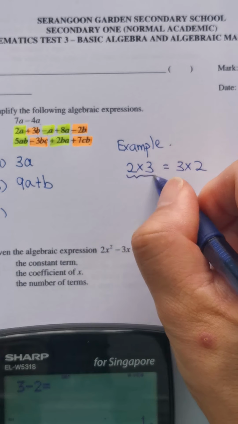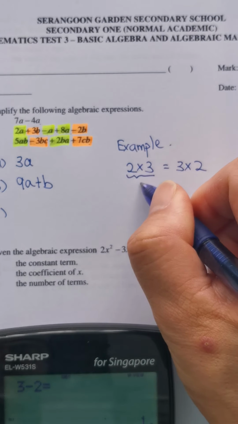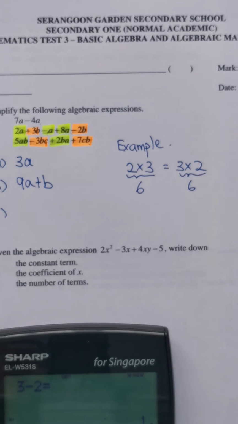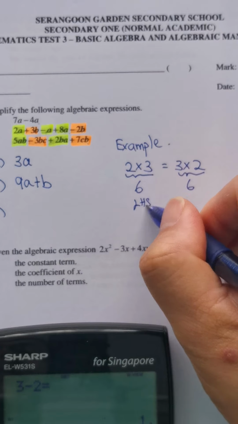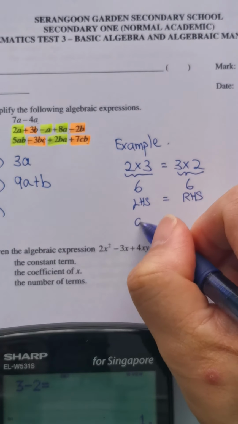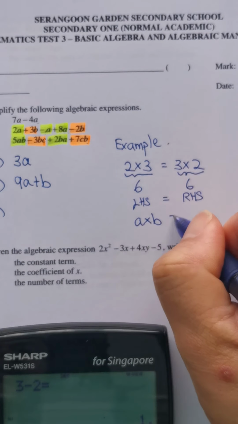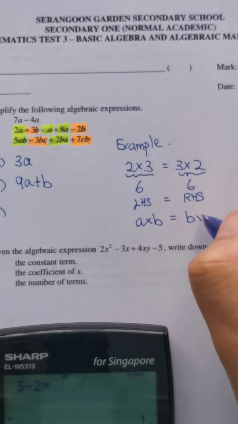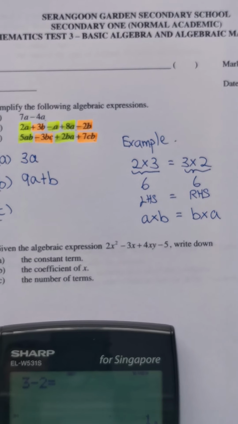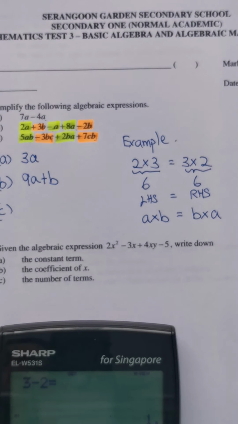On the left hand side, 2 times 3 gives me 6. On the right hand side, 3 times 2 also gives me 6. Since the left hand side equals the right hand side, I can say that A times B is the same as B times A. This is called the commutative law of multiplication.